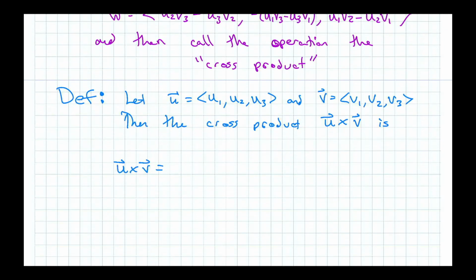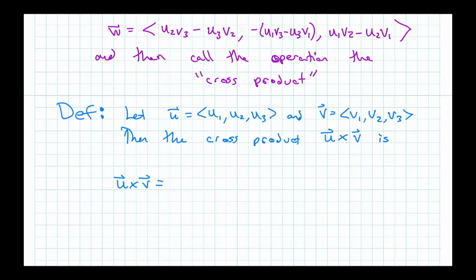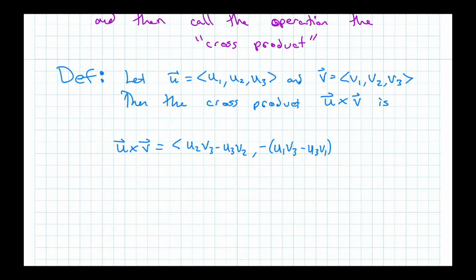Okay, so I'm just gonna write it again. U2 V3 minus U3 V2, double checking that that's right, comma, negative U1 V3 minus U3 V1, comma, U1 V2 minus U2 V1.